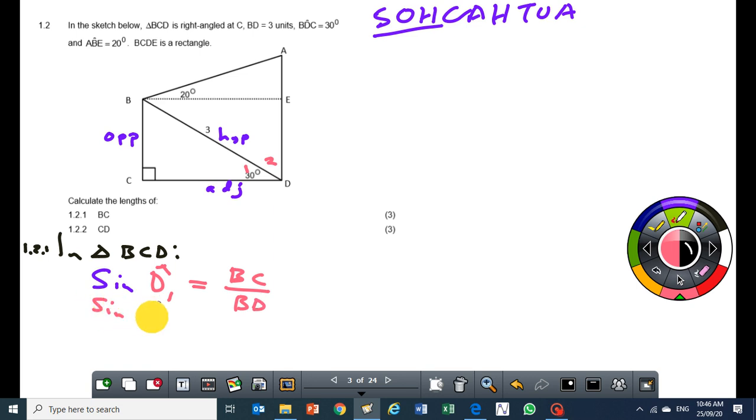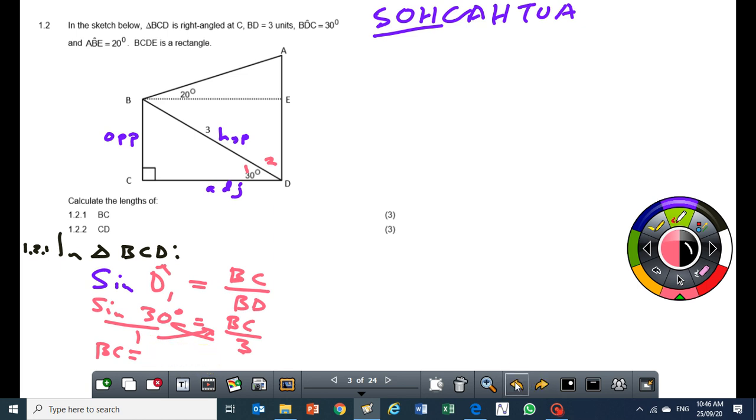Sine 30 degrees is equal to BC, then BD is 3. The denominator there is a 1. Then you cross multiply. If you do that, you end up getting BC equal to 3 sine 30.